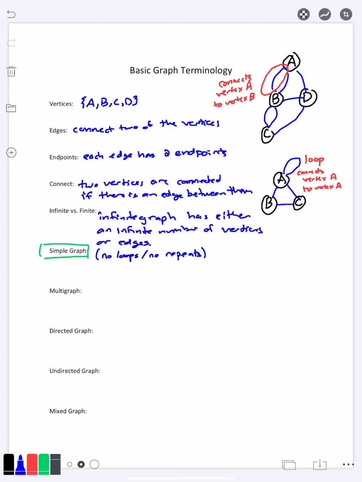What I mean by that is that each edge connects two different vertices, and there are no two edges that connect the same vertices.